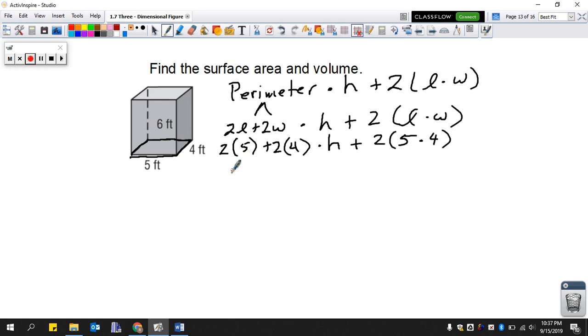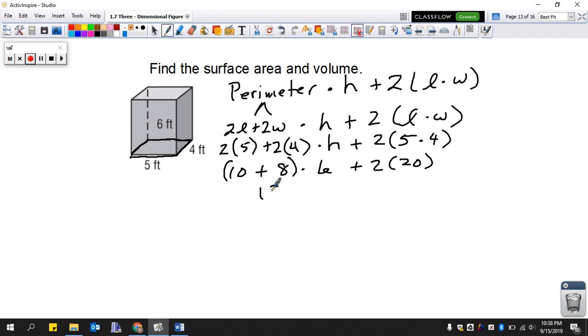Okay? Continuing our math, 2 times 5 is 10, 2 times 4 is 8, times the height, which is 6, plus 2 times 20. This should be in parentheses here, because we're going to add that first.